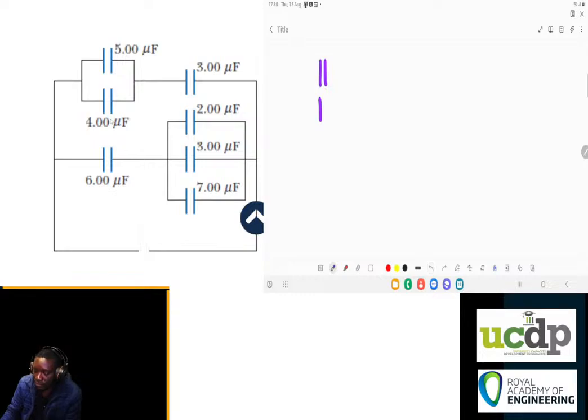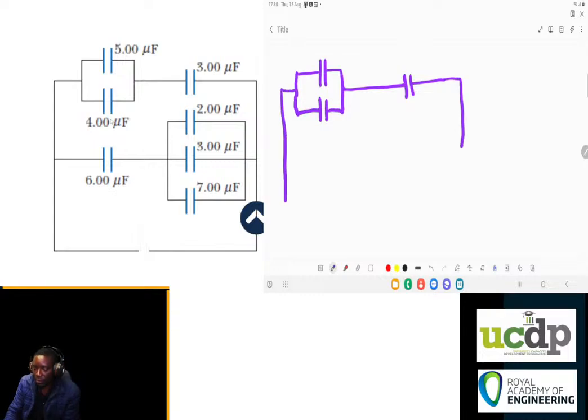Find the equivalent capacitance for the ones that are connected in parallel first. Yes. So like the 5 microfarad and the 4 microfarad, what would be the total capacitance there? It will be 9, sir.